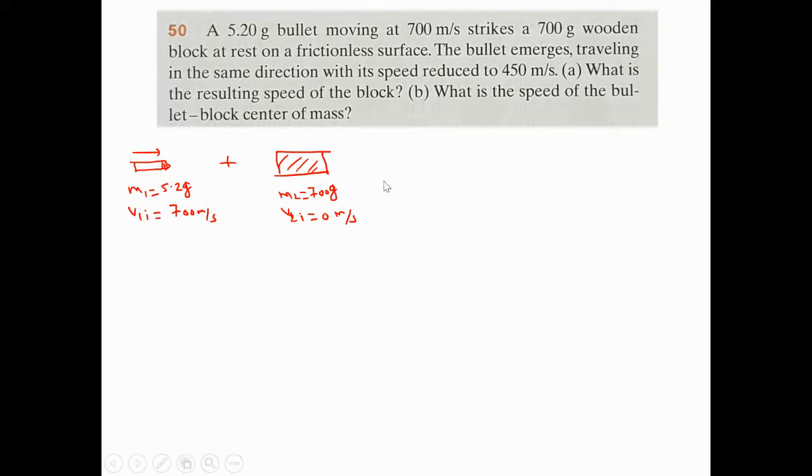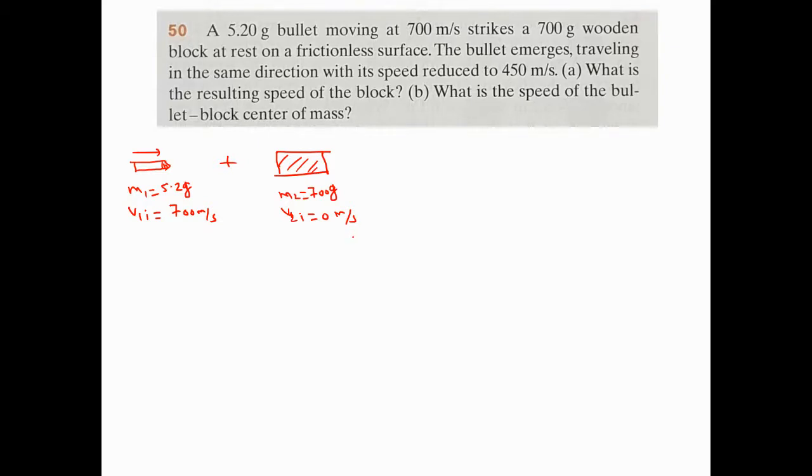When the bullet comes and hits the wooden block, the wooden block will move a little bit. Am I right? Listen carefully. One person is standing, another person is coming with some speed. When he hits the person at rest, what will happen? The second person moves with some speed. Likewise, the bullet is coming with a speed and hits the wooden block at rest.